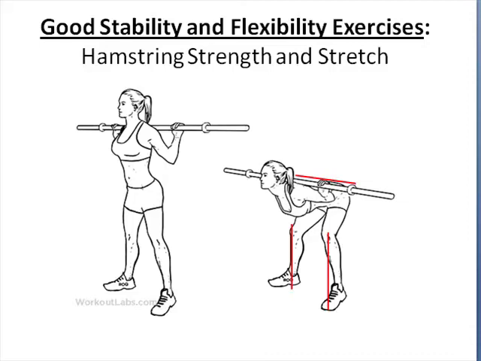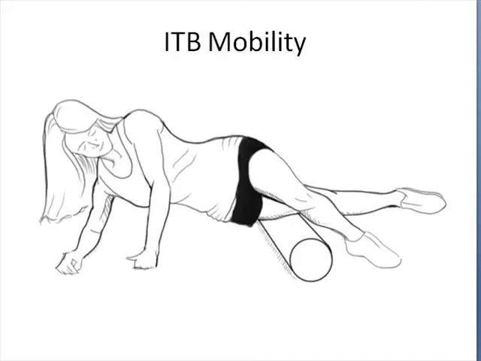The second exercise that could be really helpful is to just address a tight ITB or iliotibial band. When this area or muscle or fascia area becomes very tight, it can cause some alignment issues and excessive strain on your kneecap, leading to knee pain.